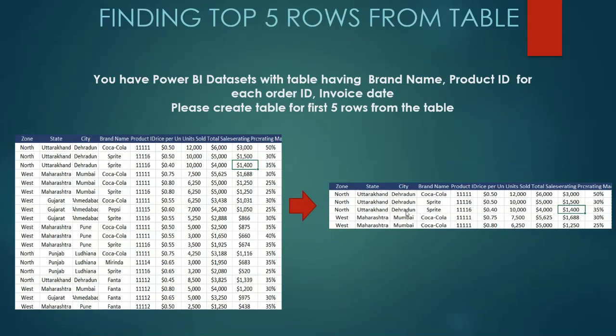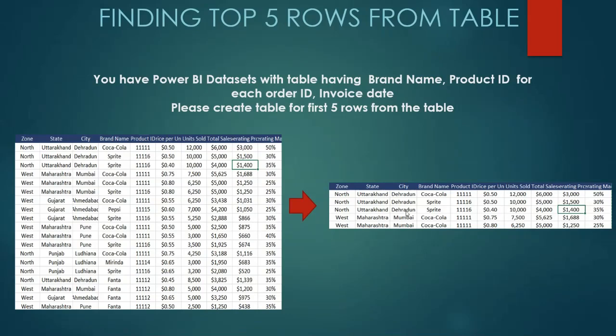The TOPN function can also be used based on total sales. It can create a table where you can find the top selling products based on their sales. That can also be used, but first I would like you to understand the simple case of the TOPN function and how to use it.